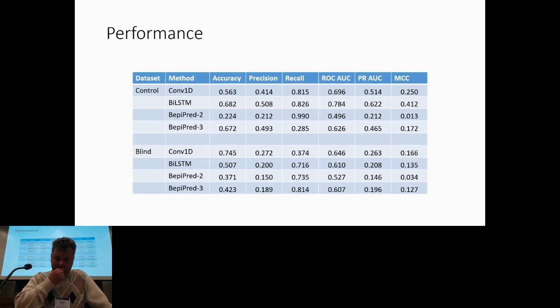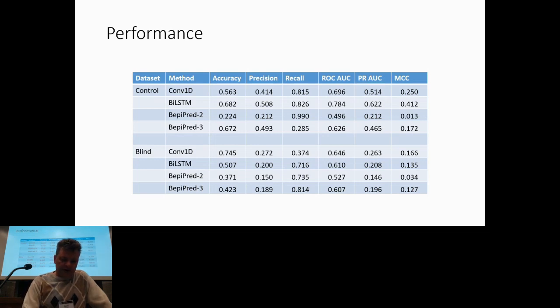And you can look while I'm talking at the column, so there are different metrics for performance measure. I prefer the Matthews correlation coefficient, which is the last one. It's easy to interpret: the closer to 0, it means random prediction, while closer to 1, it's a perfect prediction.